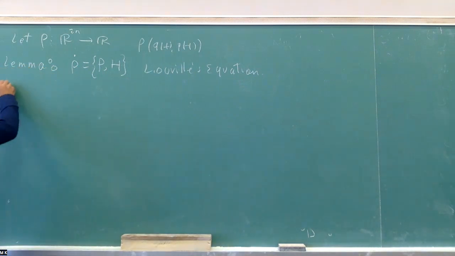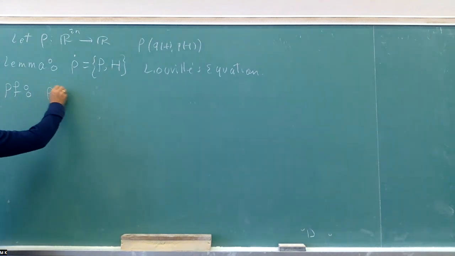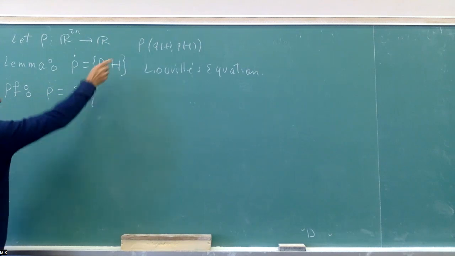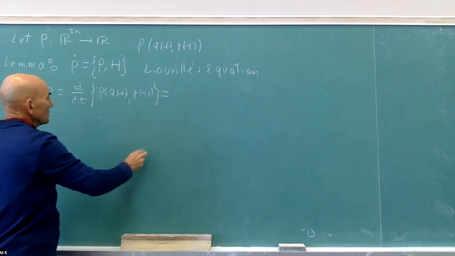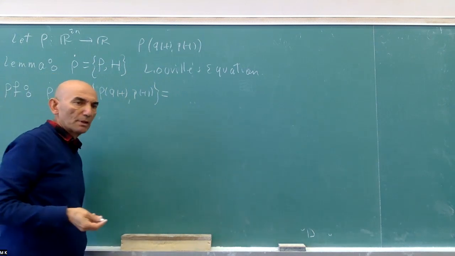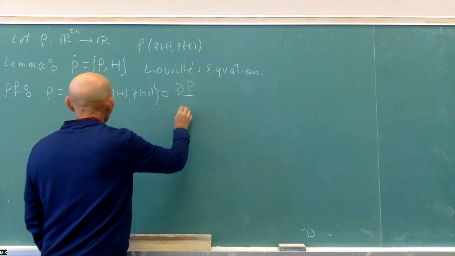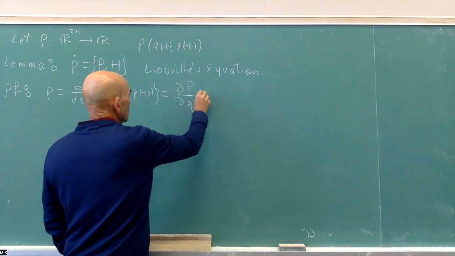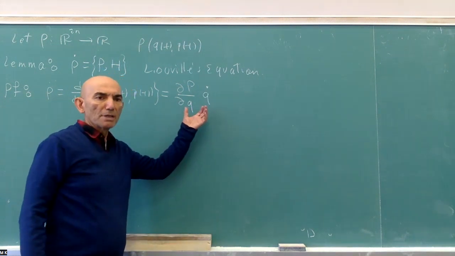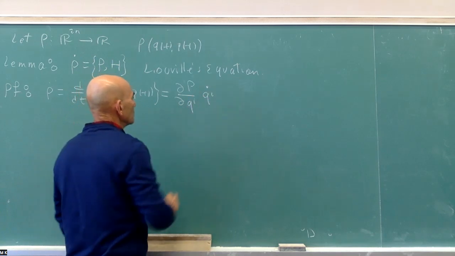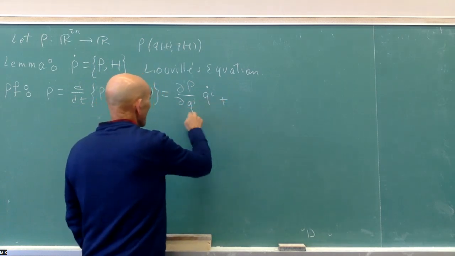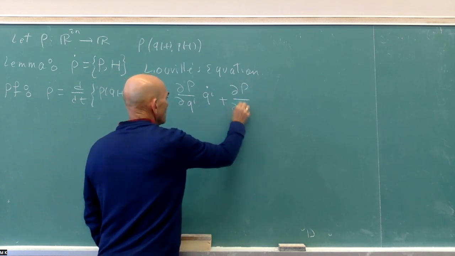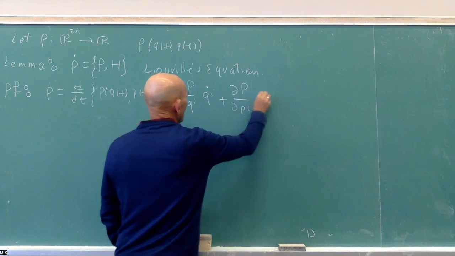Proof. Well, what is rho dot? This is d/dt of rho of q_t, p_t. By the chain rule, this is equal to the sum of d rho/dq_i times q_i dot plus d rho/dp_i times p_i dot.